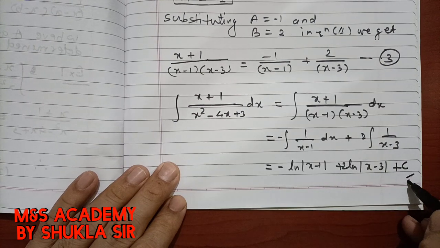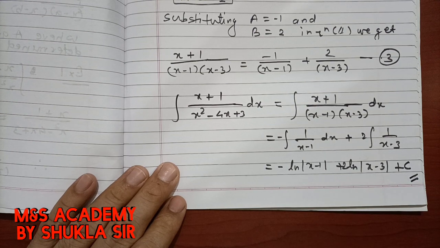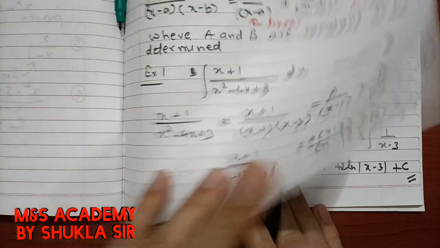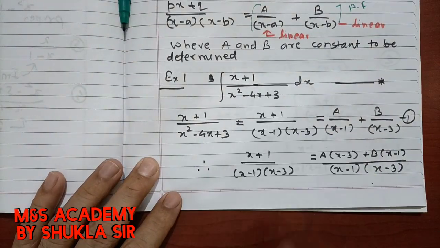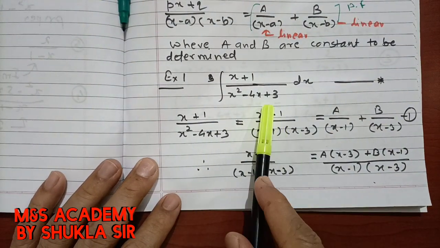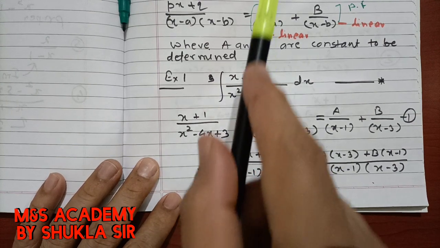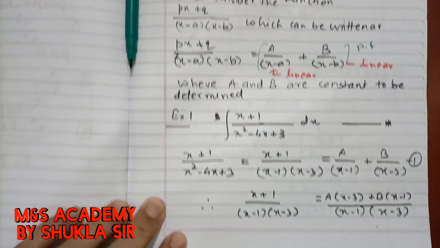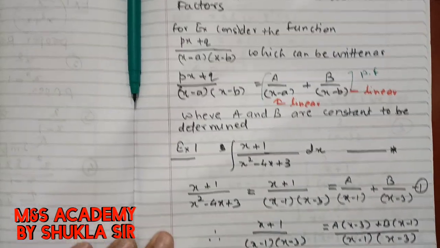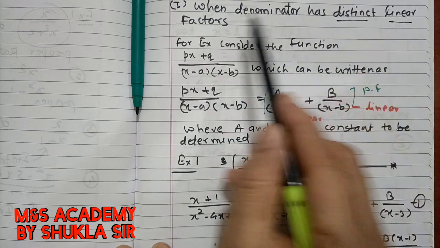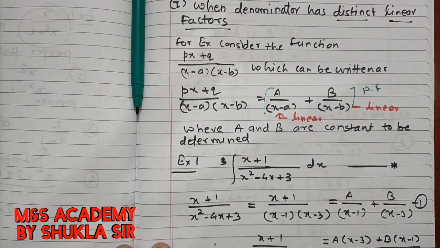So this is how to find the integration of a rational function where the denominator is factorizable and has distinct linear factors.